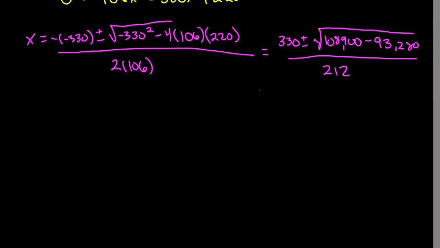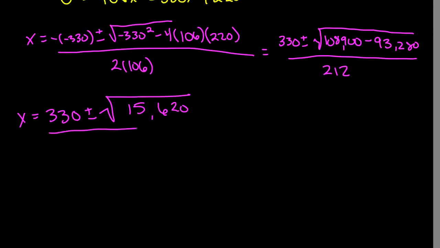Let's simplify this down even further. So I've got 330 plus or minus the square root. Simplify that part down: 108,900 minus 93,280 gives me 15,620, over 212.